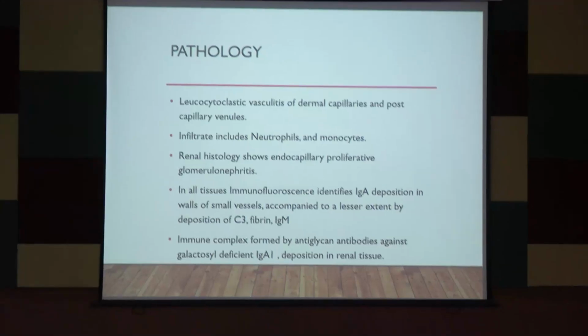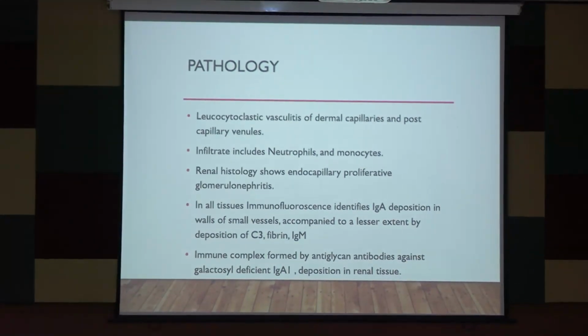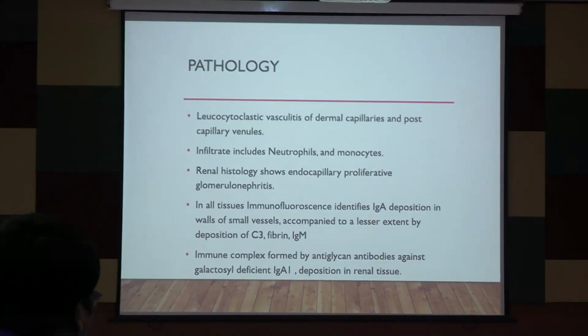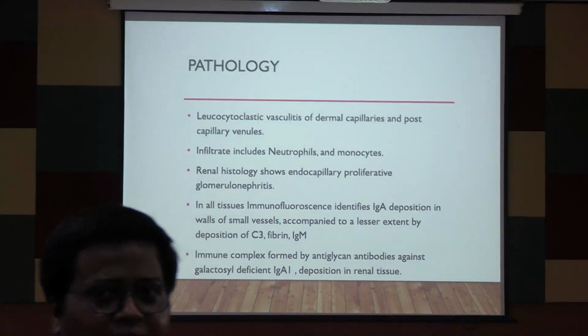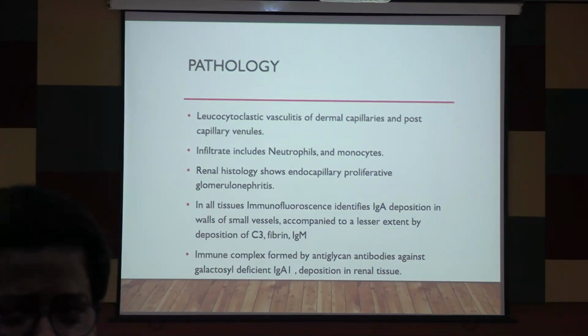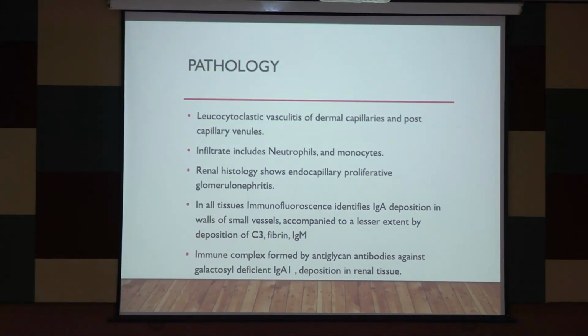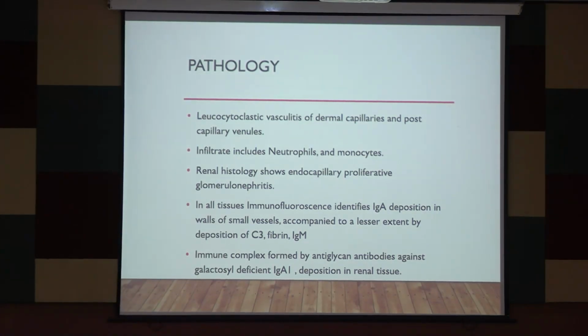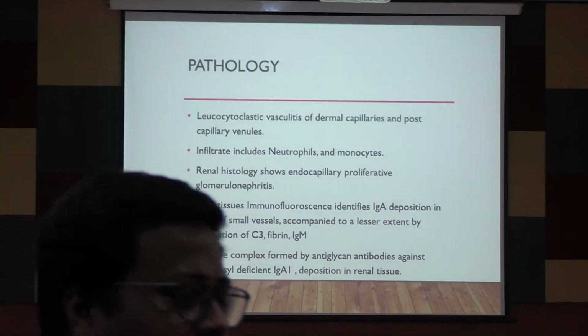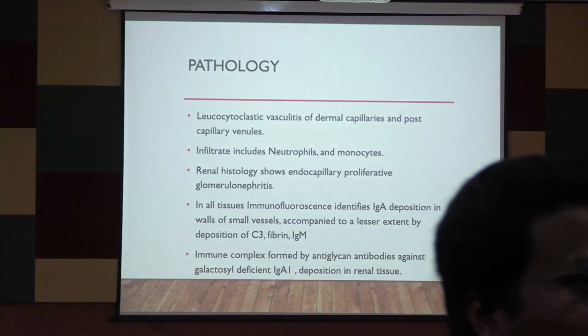So one more important thing, there is formation of immune complexes which get deposited along with IgA. What are the immune complexes? They are formed by anti-glycan antibodies. What is that? Anti-glycan antibody is the antibody against glucose moieties. Okay, any antibodies against any particular glucose moieties in a protein, that is called anti-glycan antibodies.